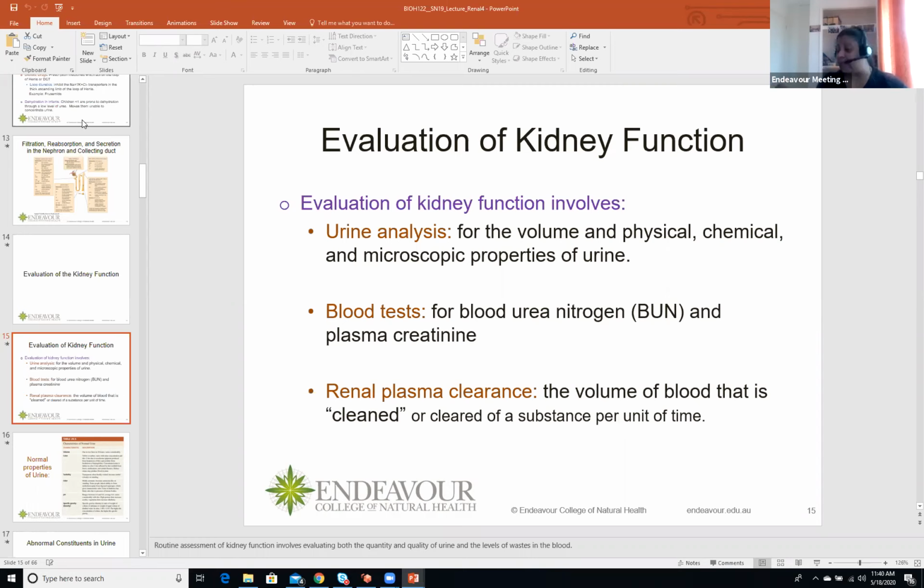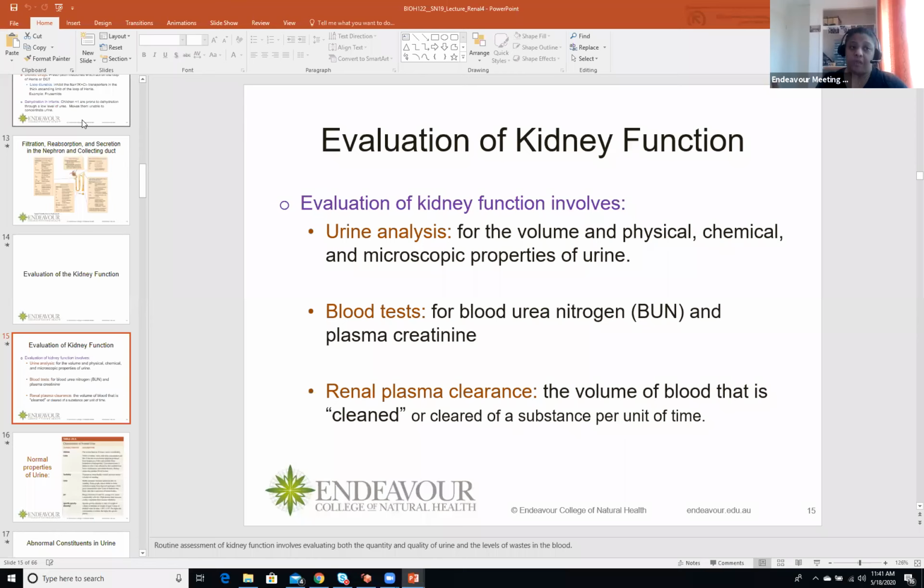But if the creatinine levels are rising in the blood, then it means that kidneys are not eliminating all of the creatinine that is ending up in the filtrate. So that can be a suggestion that the kidneys are not performing their function optimally. So that is called the renal plasma clearance.